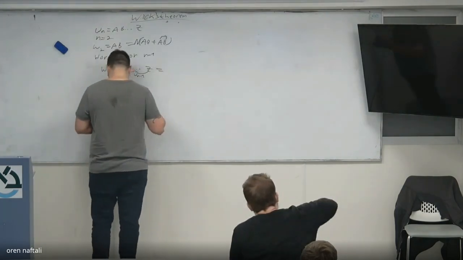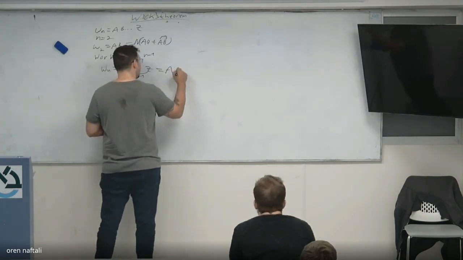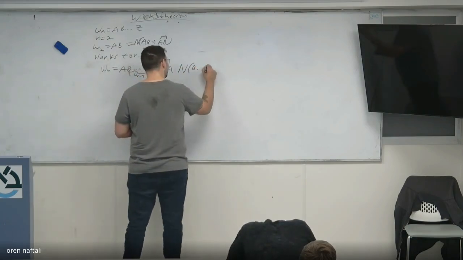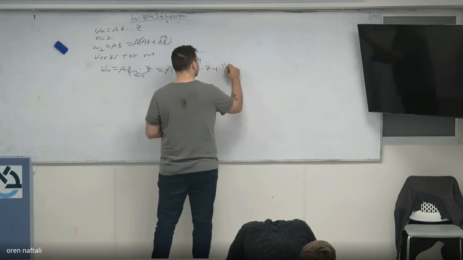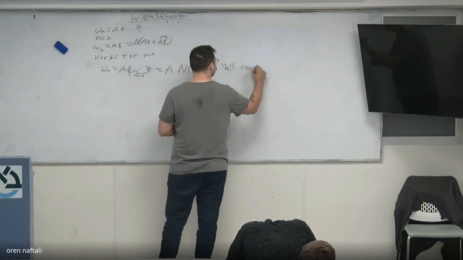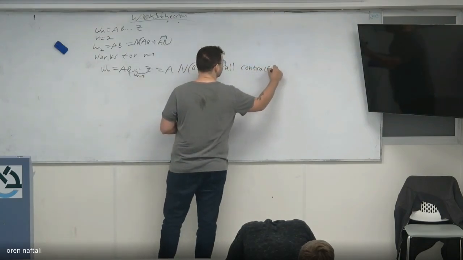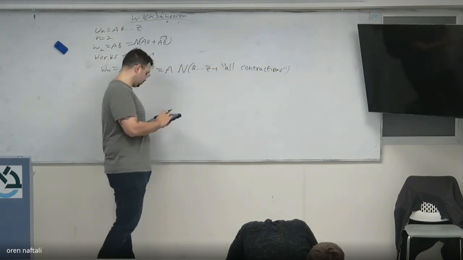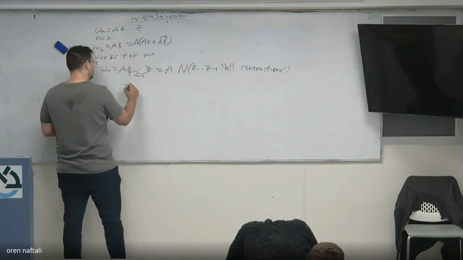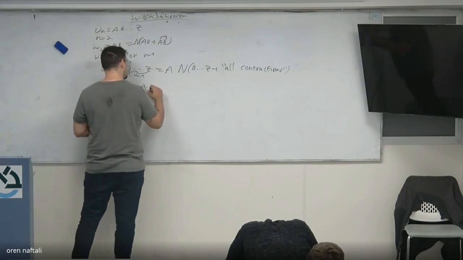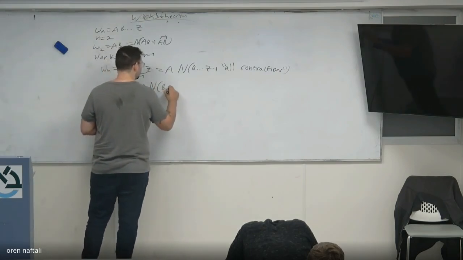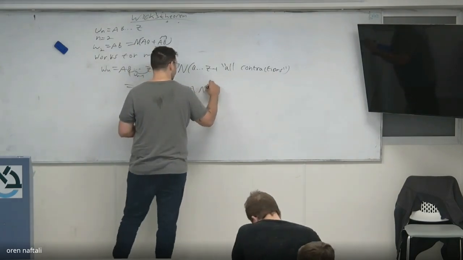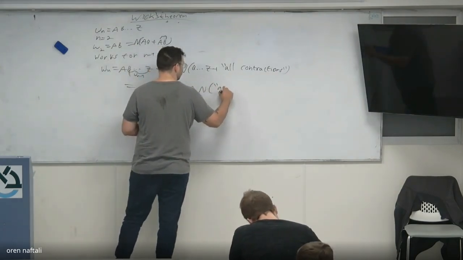So this term, I can write it as A times the normal order of B to Z plus all contractions, which will be equal to A times N of B to Z plus A times N of all contractions. I'm just going to write all.